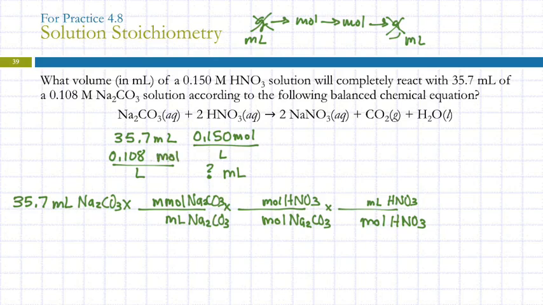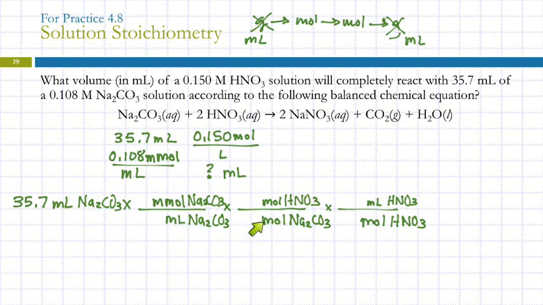So here I have moles per liter. If I multiply the top by 10 to the minus third and the bottom by 10 to the minus third, is it still true? I did the same thing to the top and the bottom. So I'm just putting a milli on both sides. So milliliters, milliliters, millimoles. Okay, so now this works with that. Does that make sense? This is not the only way to do it. It's like the fast, elegant way. We'll do a slow, tedious way later.